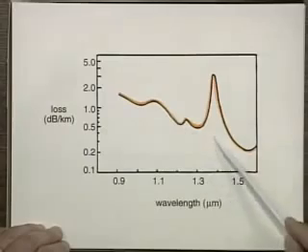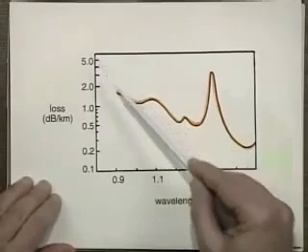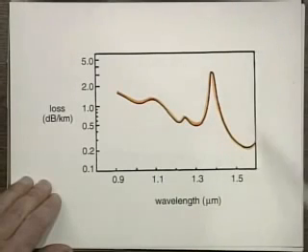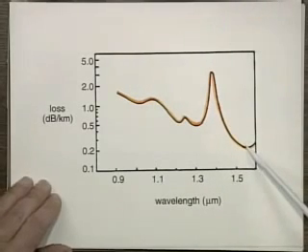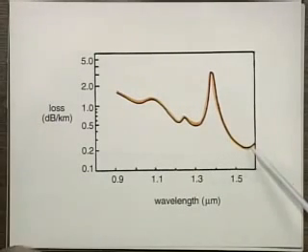That's on one side. So as the wavelength gets shorter, the scattering gets larger and larger, and then you're in trouble. That's the same reason why the sky is blue. Now on the other side, not shown here, is essentially the material absorption, the infrared absorption, and so on, for the quartz, for the glass.